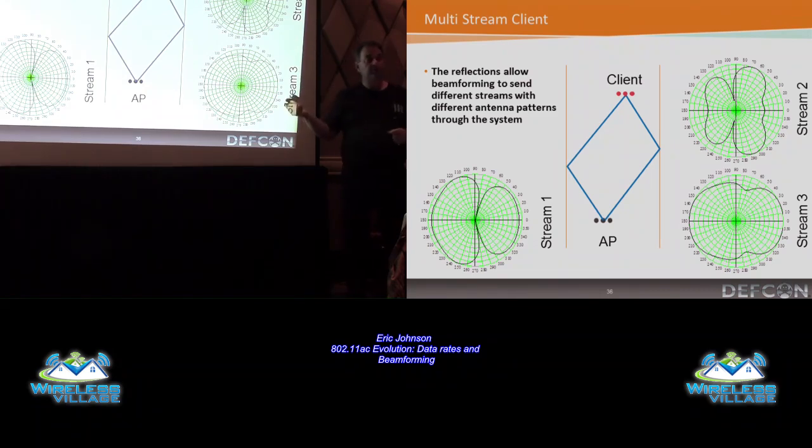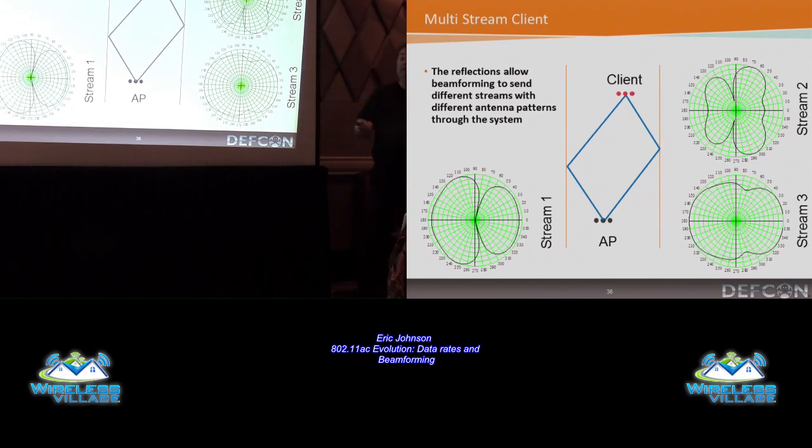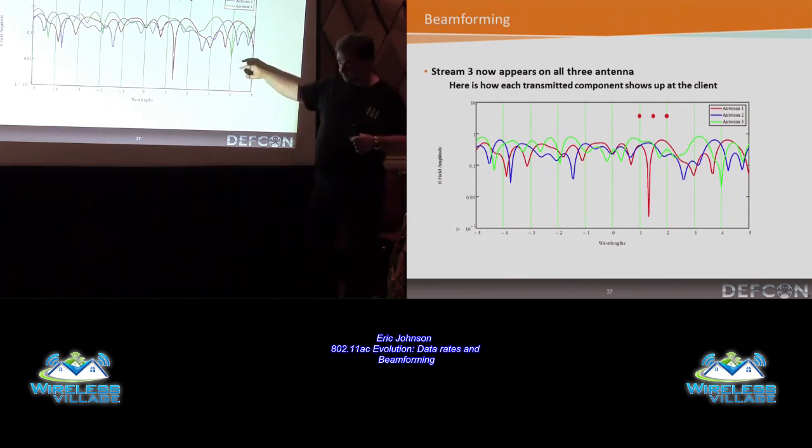But with a digital solution, I can actually beamform in baseband, and I have 3 different amplitudes and phases for the 3 different streams. So I get 3 different antenna patterns for the 3 streams of data that I'm sending. Really, really powerful stuff. And it even gets more interesting. I'm going to show you that in a second. But this is how this manifests.